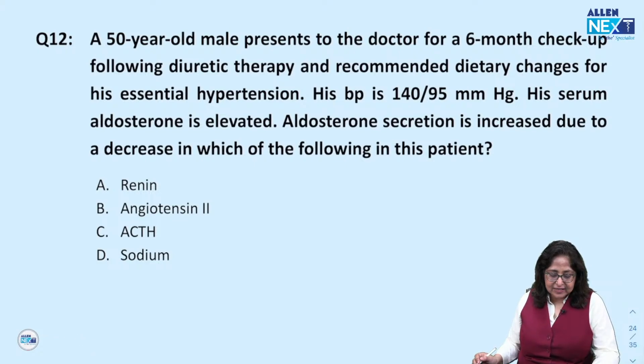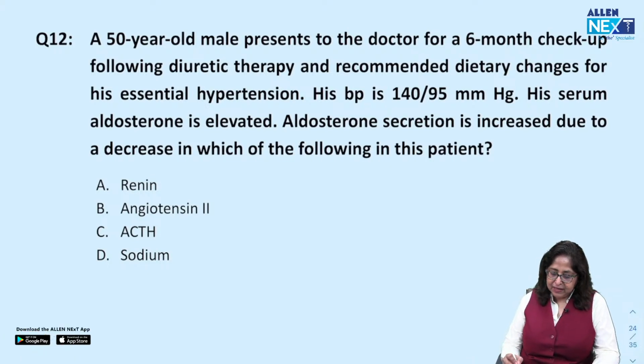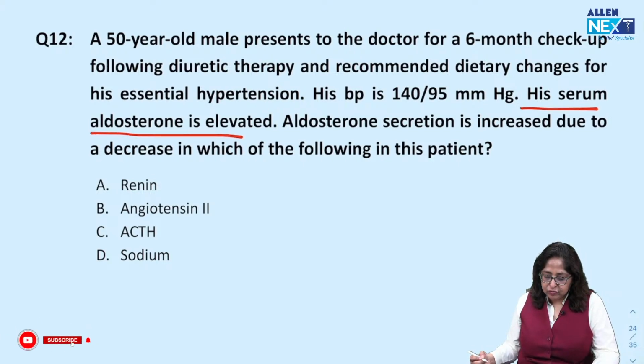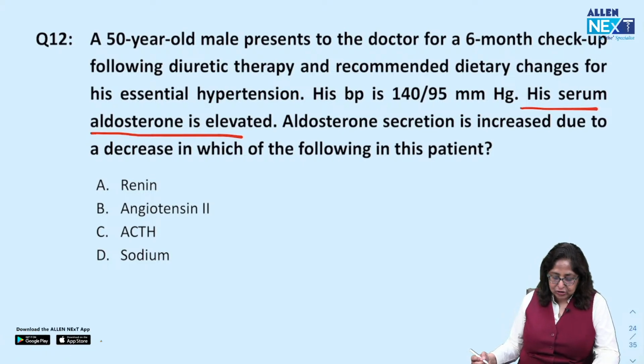Question number 12. A 50-year-old male presents to the doctor for a 6-month checkup following diuretic therapy and recommended dietary changes for his essential hypertension. His BP is 140/95, his serum aldosterone is elevated. Aldosterone secretion is increased due to a decrease in which of the following in this patient?